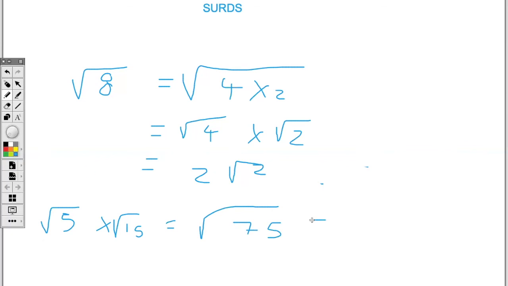But we can simplify this further, because 75 is the same thing as 25 times 3, and we can have this as root 25 times root 3. The square root of 25 is 5, so this is 5 root 3. That's its lowest form.